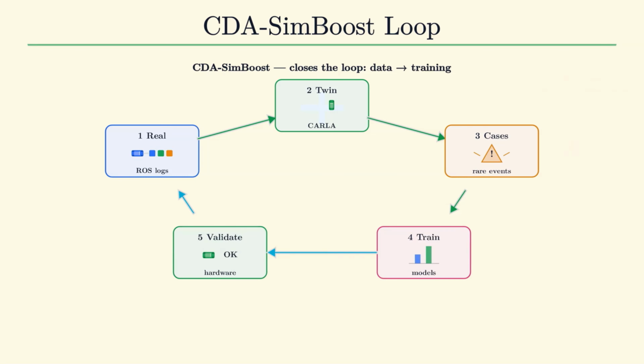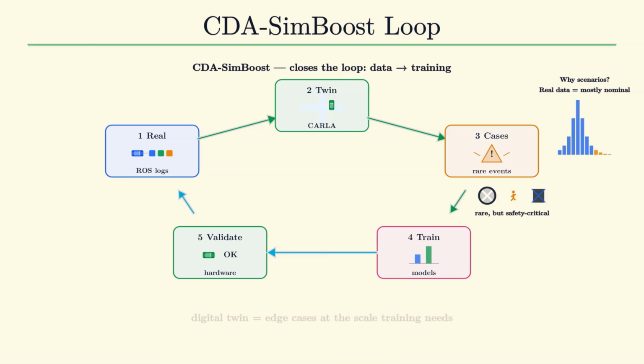Because real data is overwhelmingly nominal. Sensor failures, rare pedestrian behaviors, occluded intersections in heavy rain. These events are statistically rare, but disproportionately important for safety. The digital twin is the mechanism for controlled exposure to edge cases at the scale needed for robust training.